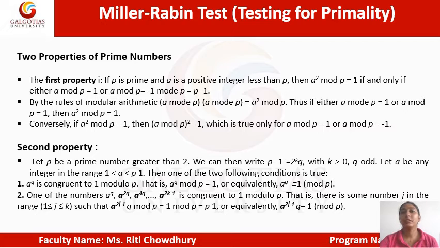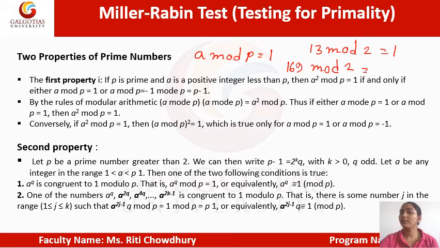So if a mod p is equal to 1, suppose 13 mod 2 is equal to 1. Suppose that's true. Now if I do 13 square, that is 169, and then take mod 2, definitely this will be 1. Why?